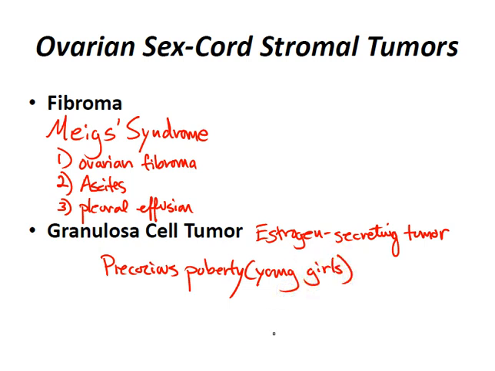And in menstruating women, you're going to have irregular cycles. Because when should estrogen be the highest? That's right before the LH surge and at the end where progesterone's taken over. And in postmenopausal women, you can see vaginal and endometrial bleeding.